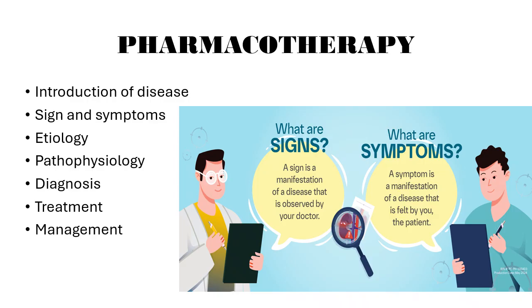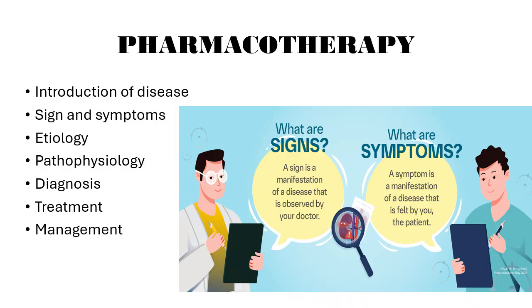All these things club together, and then there will be the etiology, where we explain the causes. What made this? Whether it is because of any bacterial things, any allergic things, whatever can be the cause for that particular disease, we will rule out all the things. Then next is pathophysiology.